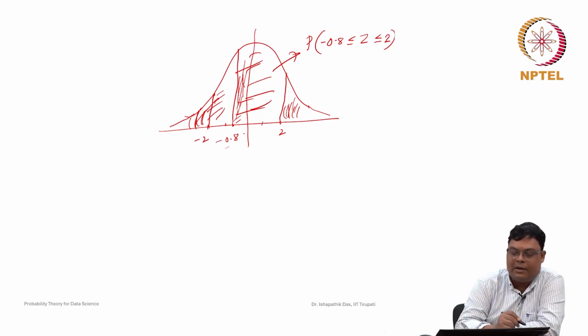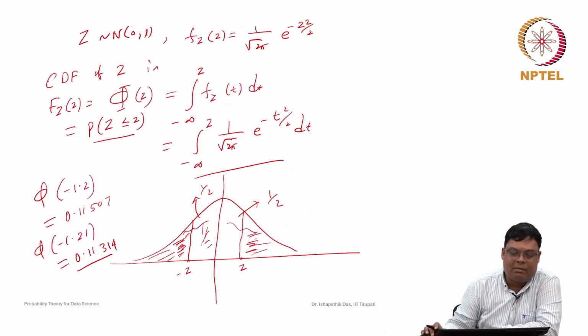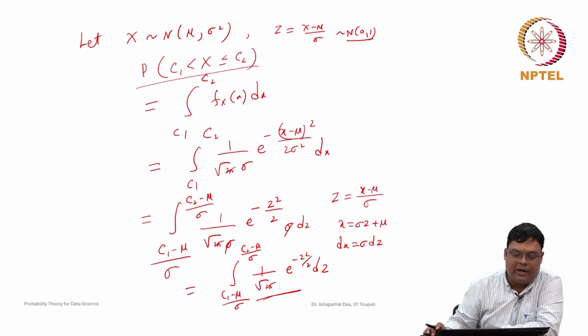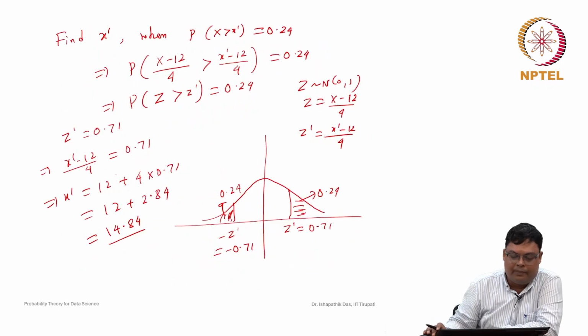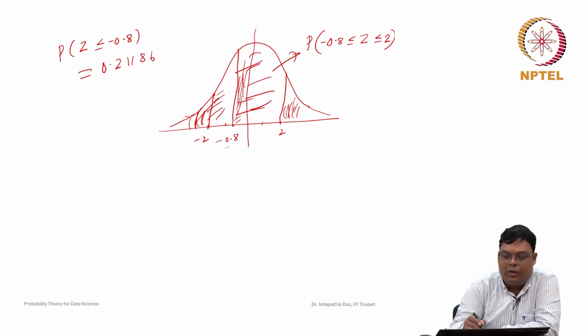So, first of all we find the probability that z is less than or equal to minus 0.8 from the table. How will we find it, because it is a negative number? So, this table is given. 0.8 is here, and this is 0.21186. But we do not want that probability, we want this area.